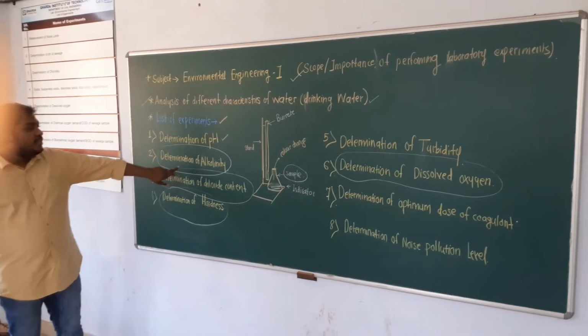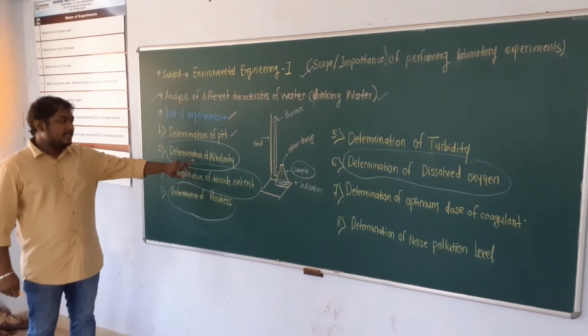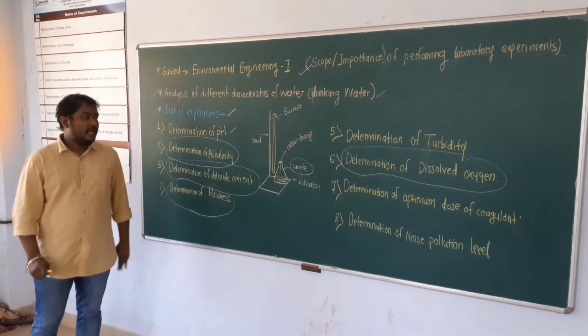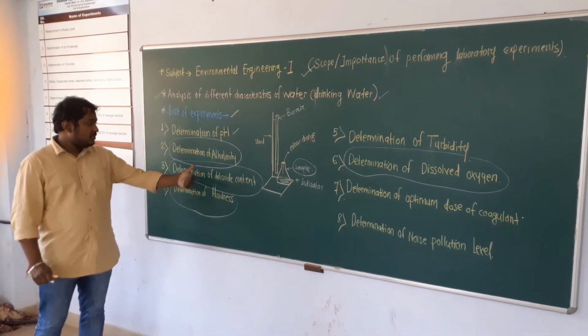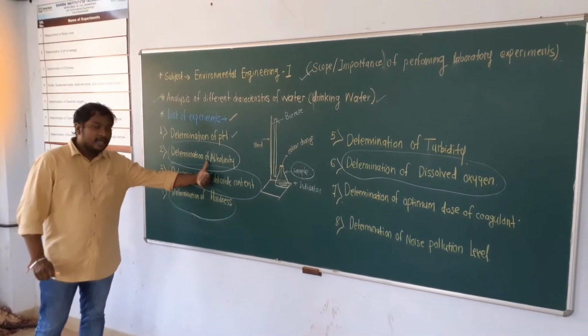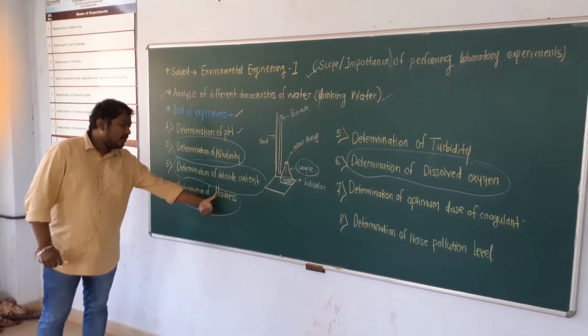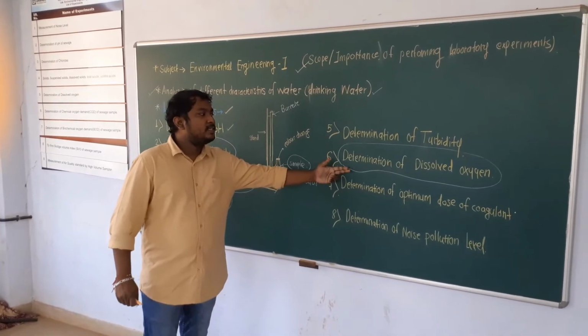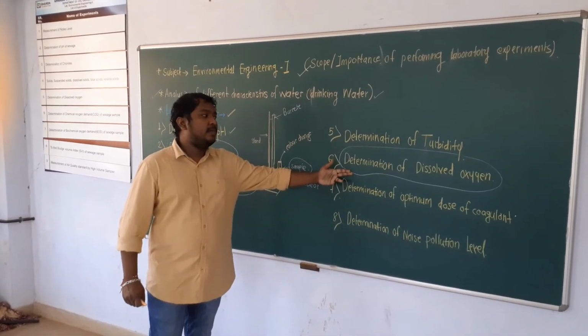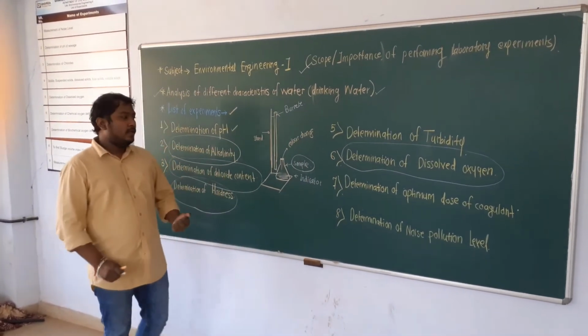With the help of this volumetric analysis procedure, the common principle I have just told you, you will determine alkalinity, chloride content, hardness, and dissolved oxygen. The dissolved oxygen experiment is very important and unique, and newly introduced in our syllabus.